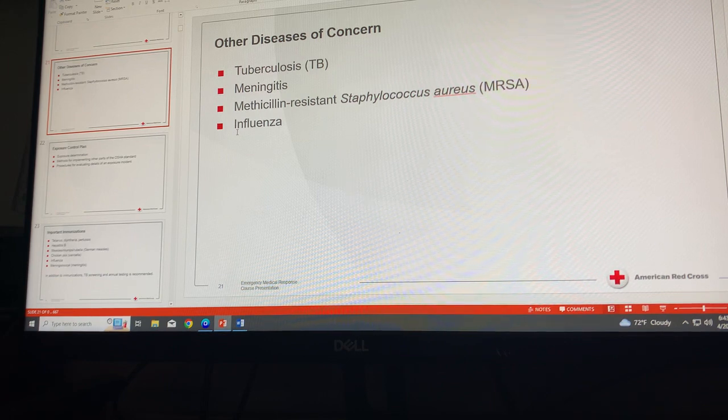Tuberculosis is spread through the air when an infected person coughs, sneezes, or talks. Anyone exposed to tuberculosis should be tested. People with a weakened immune system are more likely to get tuberculosis.